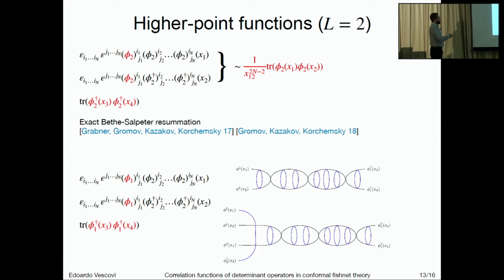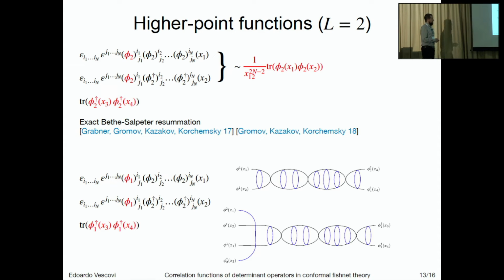And due to R-charge considerations, you can, for instance, overlap it with this, phi 2 dagger, phi 2 dagger. This goes back to a case that was analyzed in the literature. I don't want to say too much about that. It was the simplest 4-point function that was exactly solved and resummed using the Bethe-Salpeter equation. It was written explicitly as an analytical function of the couplings.